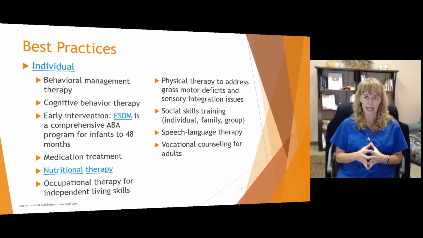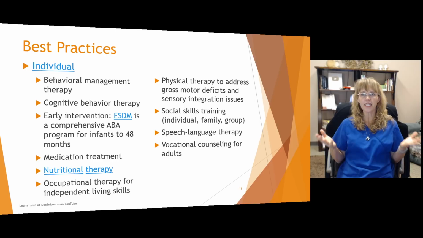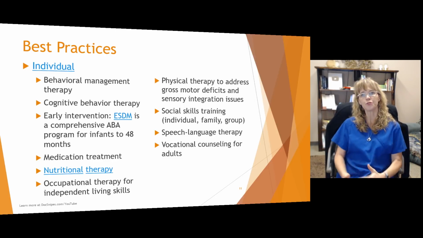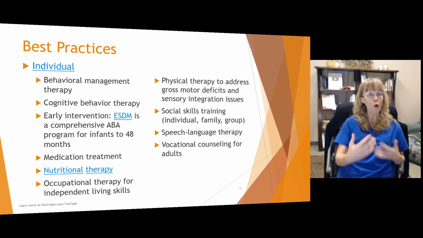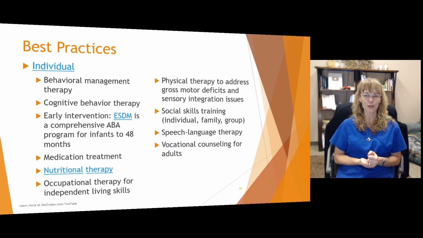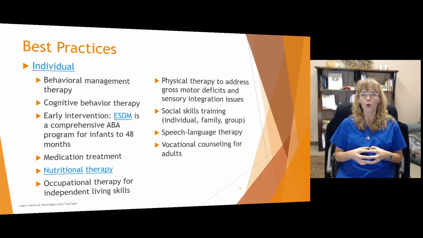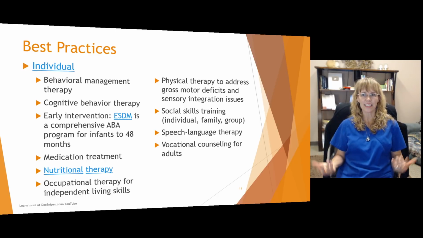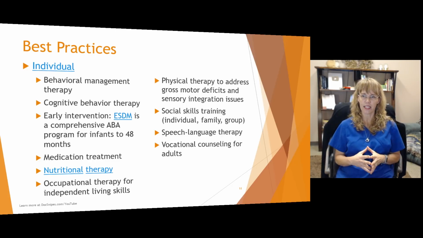Social skills training. Now this can take the form of individual counseling where you talk to somebody about what they would do in this situation. You may role play in session with the individual. Social skills training can also take place in groups where individuals with autism spectrum, in small groups so people don't feel overwhelmed, practice these social skills activities.